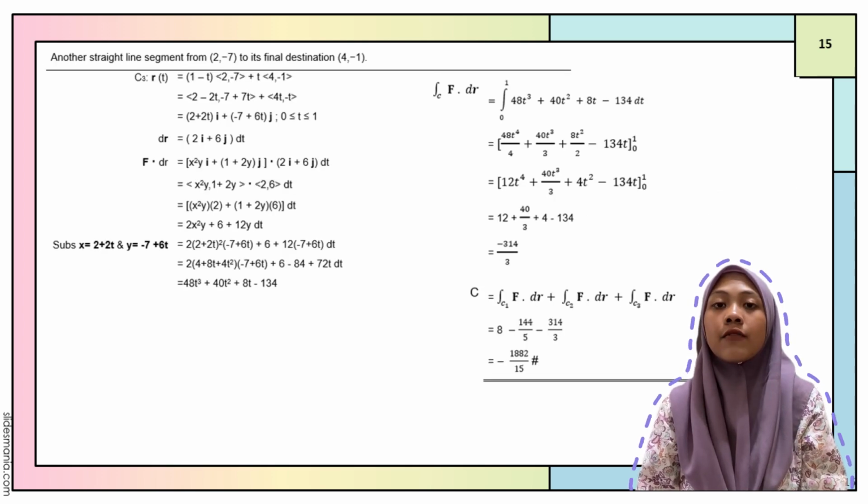Lastly, for the other straight line segment from (2,-7) to its final destination (0,-1), we get 314 over 3. Totaling all the line integrals over C1, C2 and C3, the final answer will be -1882 over 15.